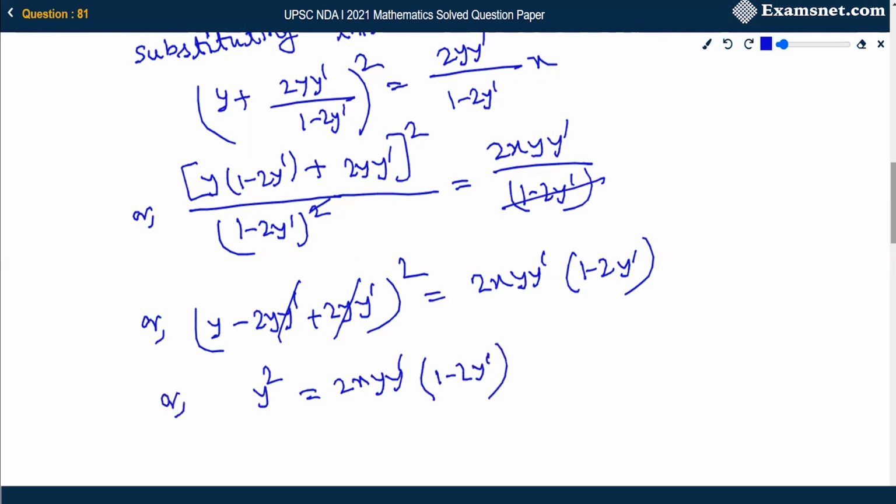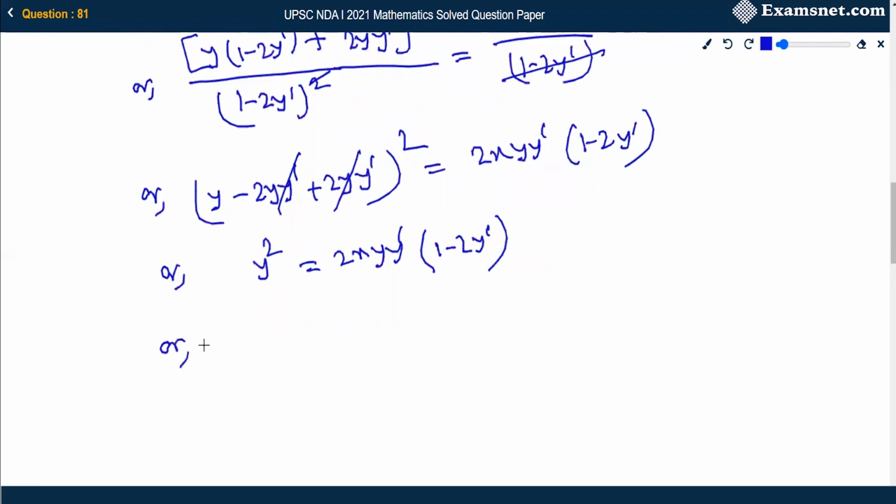So after simplifying, after bringing the expression from the right side to left side, it becomes y square minus 2x y dash plus 4x y dash whole square equals to 0.